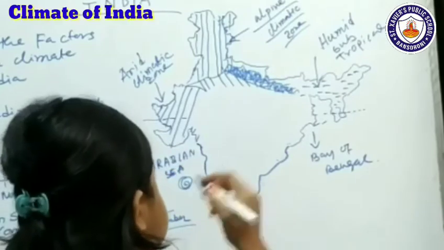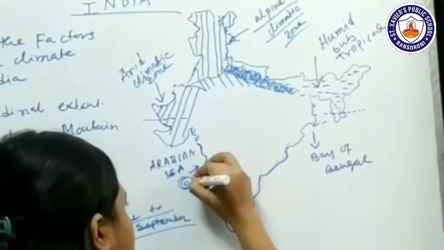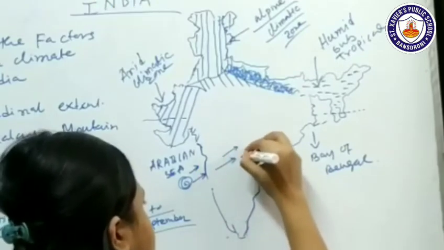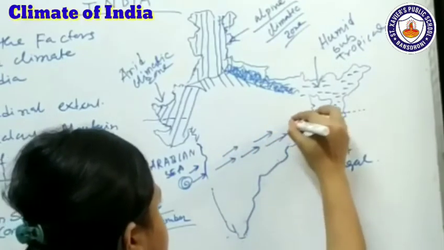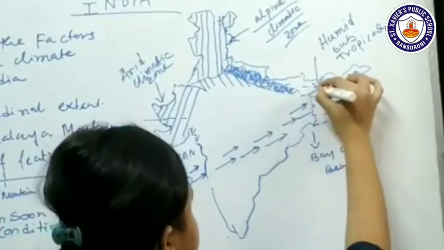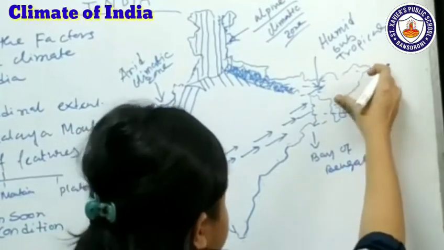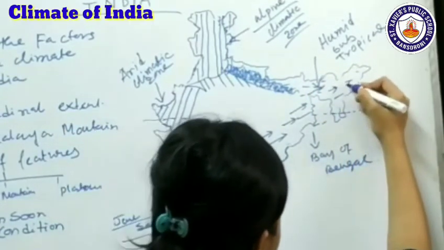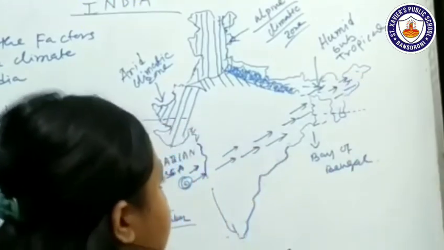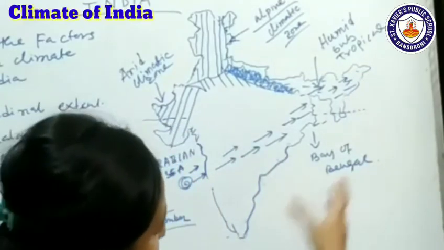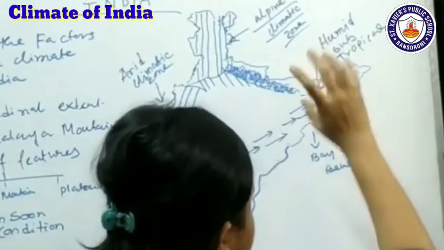The wind system passes over that portion and reaches the eastern portion of the Indian subcontinent.